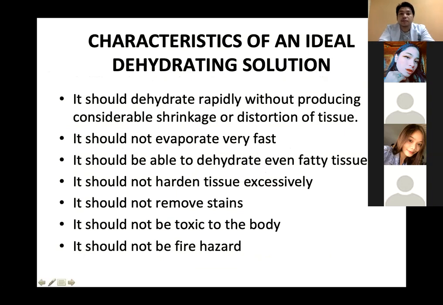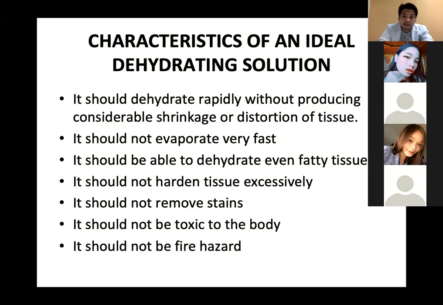It should dehydrate rapidly without producing considerable shrinkage or distortion of tissue, rapidly so that it can be used in a routine laboratory. It should not evaporate fast. It should be able to dehydrate even fatty tissues. It should not harden tissue excessively. It should not remove the stains. It should not be toxic to the body, and it should not be a fire hazard.